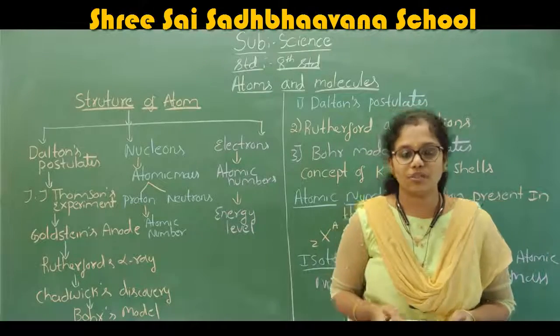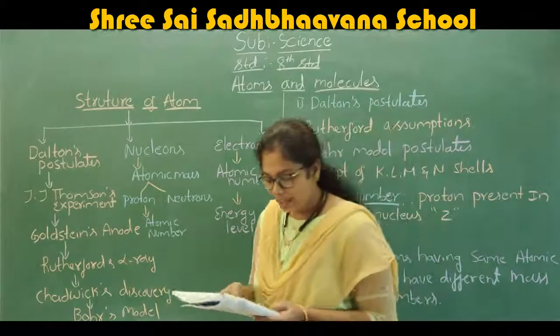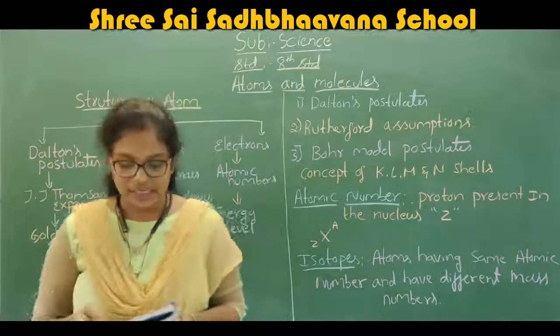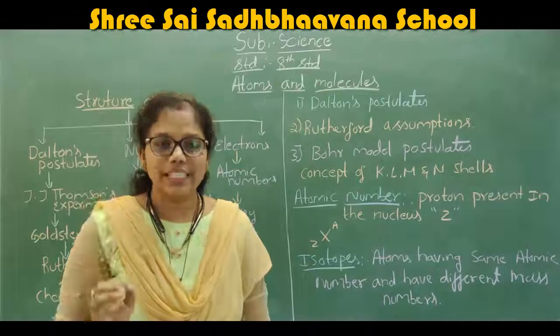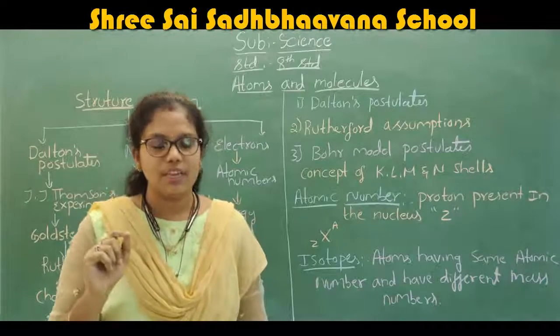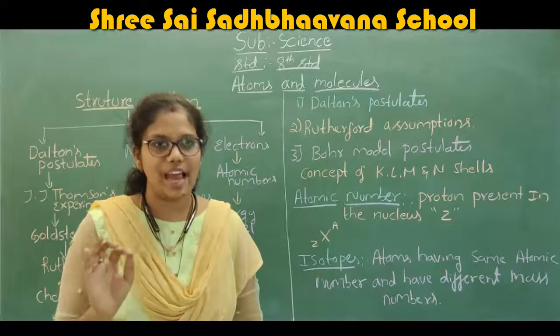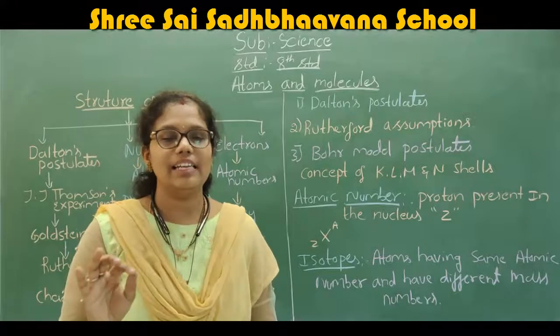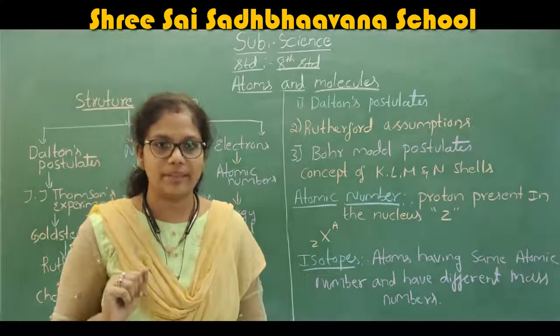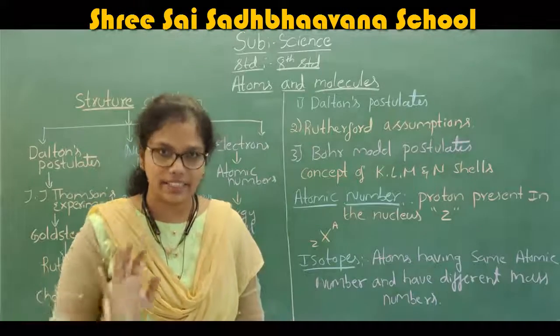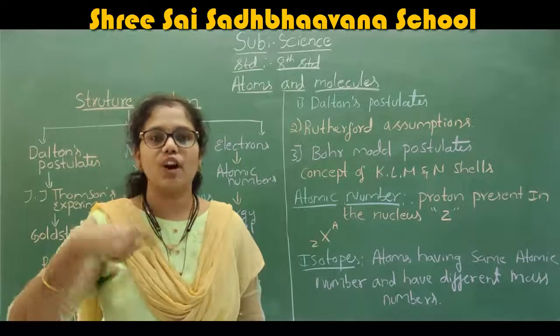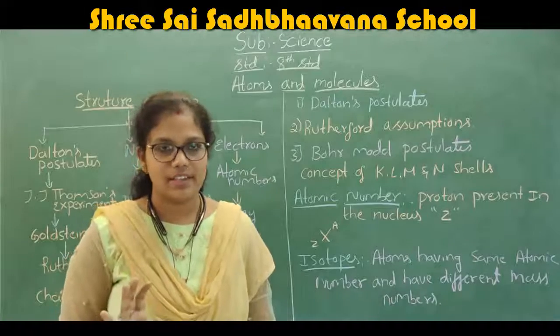After that, the second postulate is, all atoms of an element are identical in shape. If you see the shapes of the atoms, almost all the elements have the same shape of atom. That is, the nucleus is present in the center and electrons revolve around the nucleus.